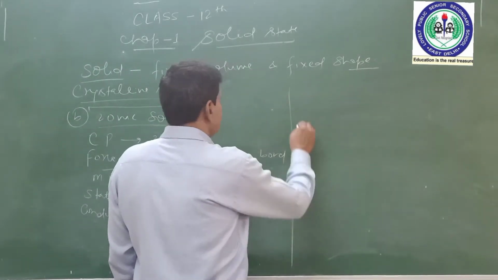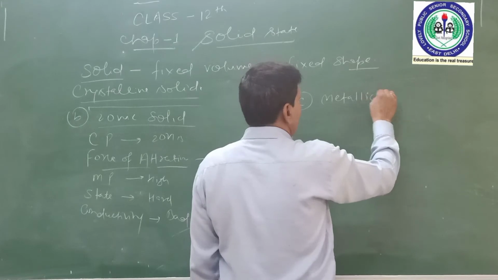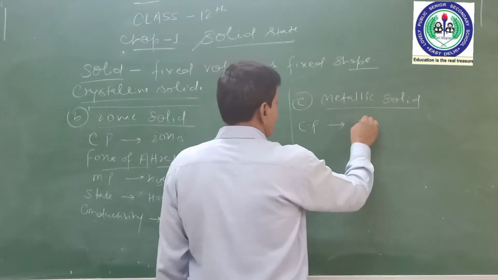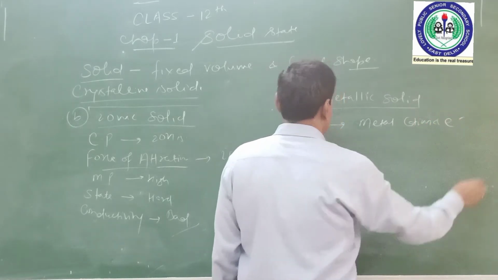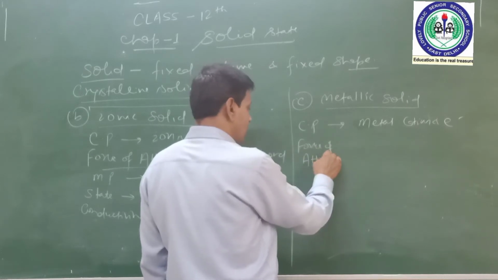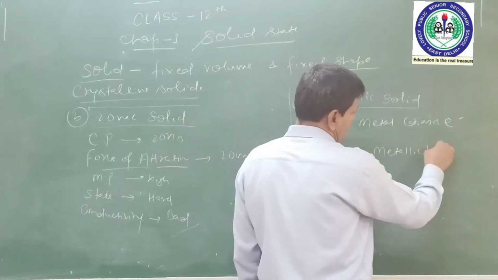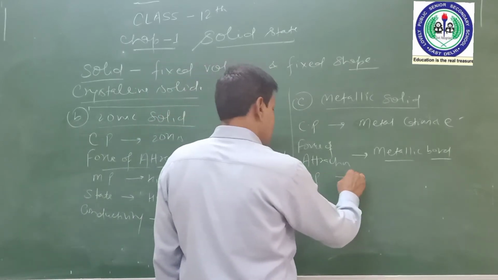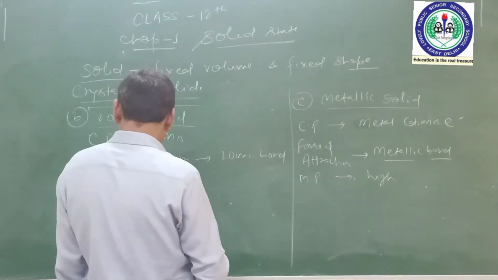The next part is metallic solid. What is metallic solid? Constituent particle is metal cation and electron. If you think about the force of attraction, force of attraction is metallic bond. Melting point is high. Metal has high melting point, you already know.